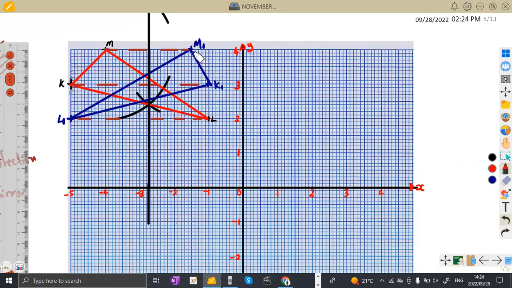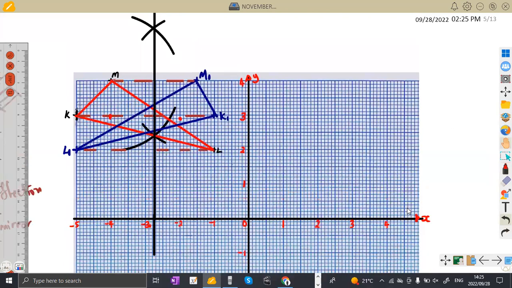This is our K1, which is one box here, and we move from K to this, which is one box again. So this point was supposed to go directly at -3. -1, -2, it was supposed to be directly at -3. That's where we're supposed to have our line.